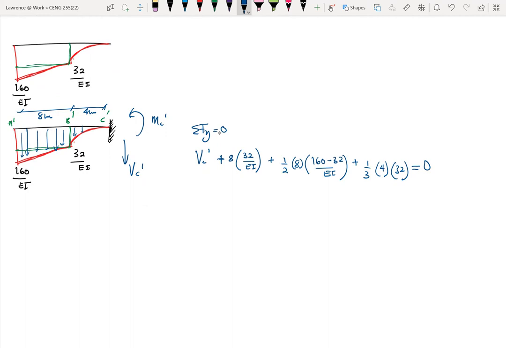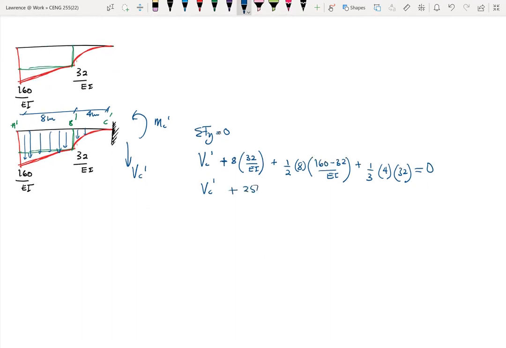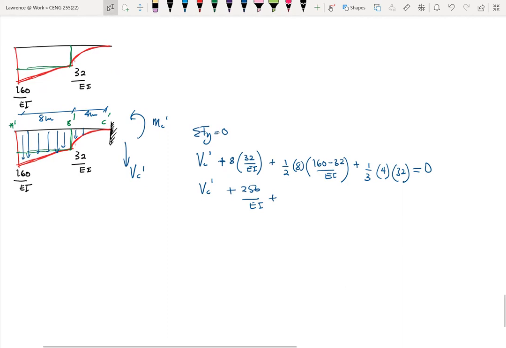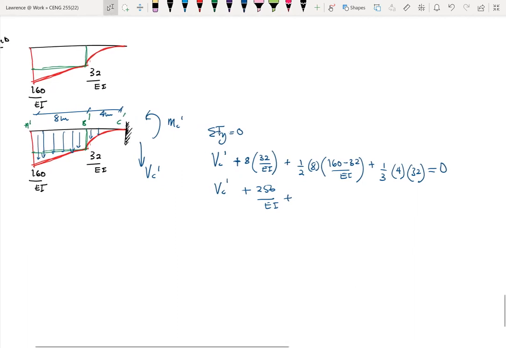So our VC prime will then be plus 8 times 32, which is 256 over EI, plus this one, which gives me 512 over EI, plus this one, which gives me 128 over EI.